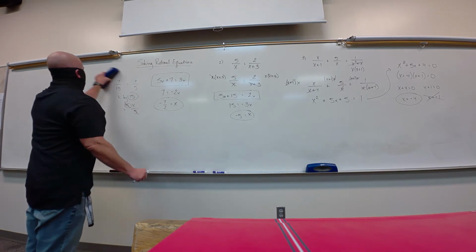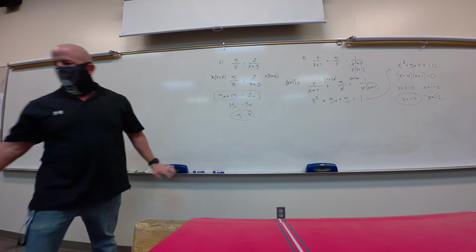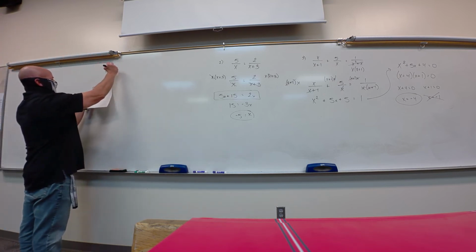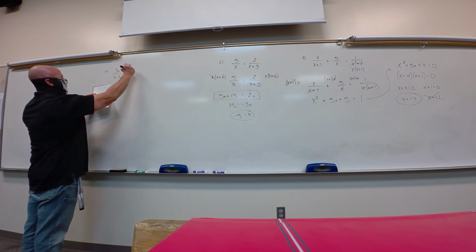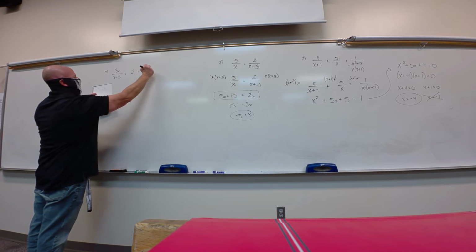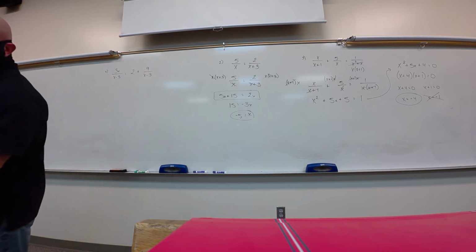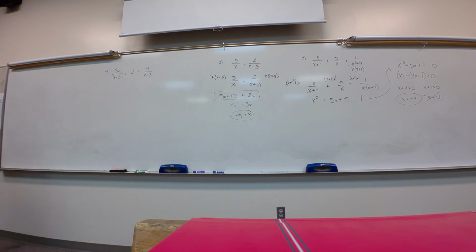Let's get a different one here, and we'll talk about the domain in this one. Let's go 3x over x minus 3 equals 2 plus 9 over x minus 3. So as far as the domain is concerned in this one, x can't be 3.